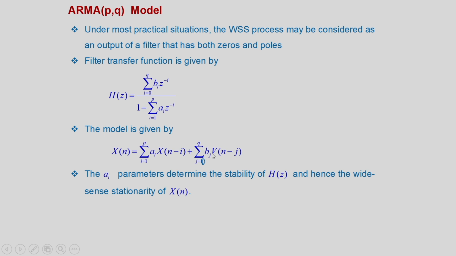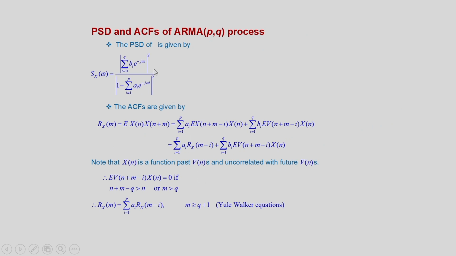So, v[n] will be considered as unit variance, so that its variance will be taken care of by b_0. Because the variance of the white noise process is taken care of by b_0, we do not have any sigma_v squared term here.